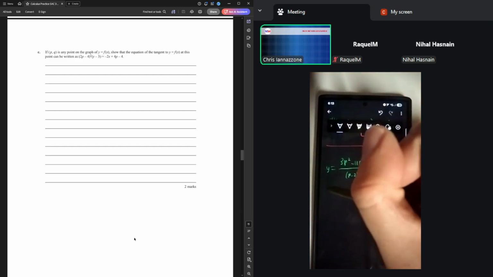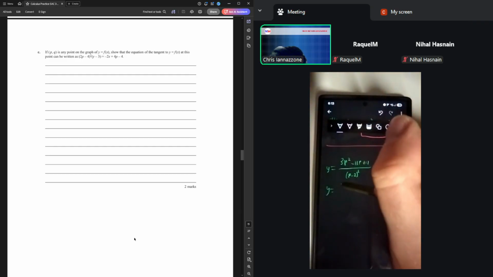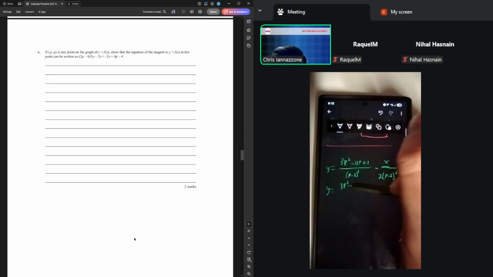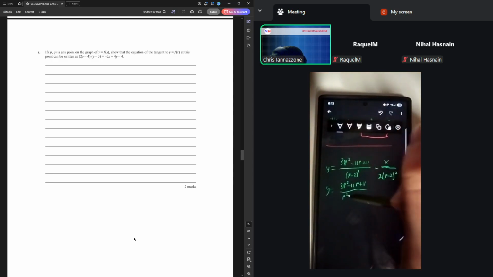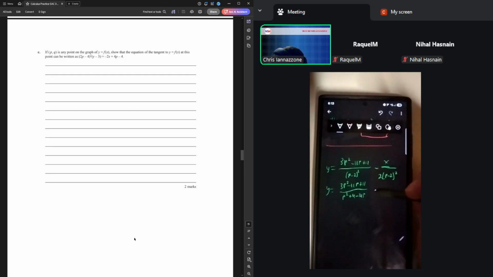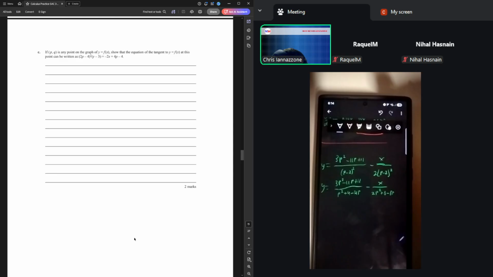So let's try that then. All of this is going to remain the same, 3p squared minus 11p plus 11. That's going to get p squared plus 4 minus 4p, minus x, and then 2 times exactly that. So that's going to be 2p squared plus 8 minus 8p. Maybe not. Maybe we'll still keep these looking similar.